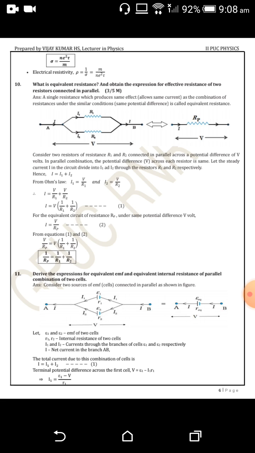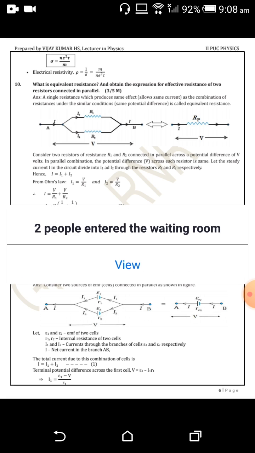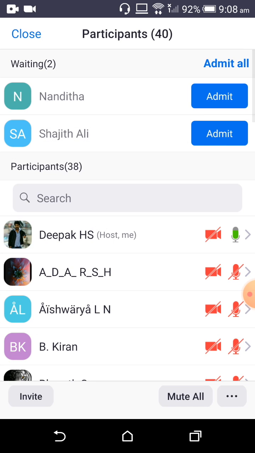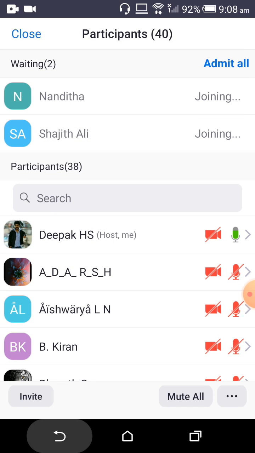Cancelling V on both sides, you get 1 by R subscript P is equal to 1 by R1 plus 1 by R2. So this is the expression for effective resistance of two resistors connected in parallel.